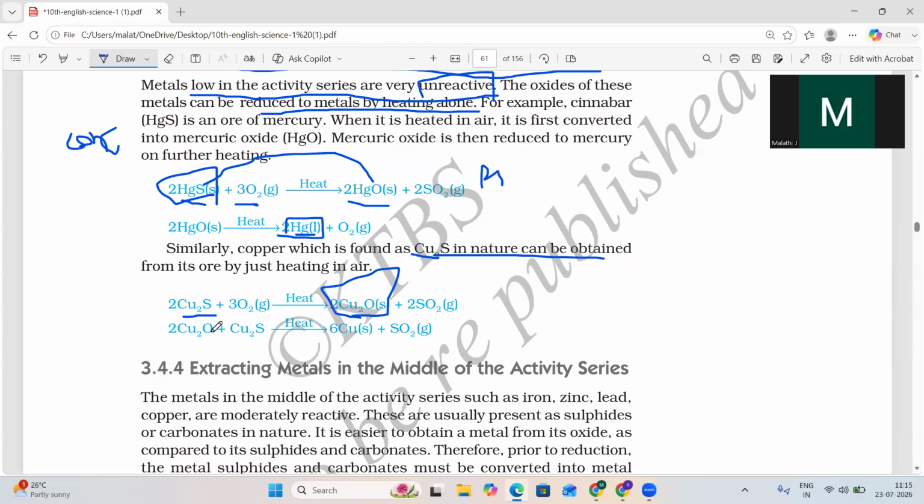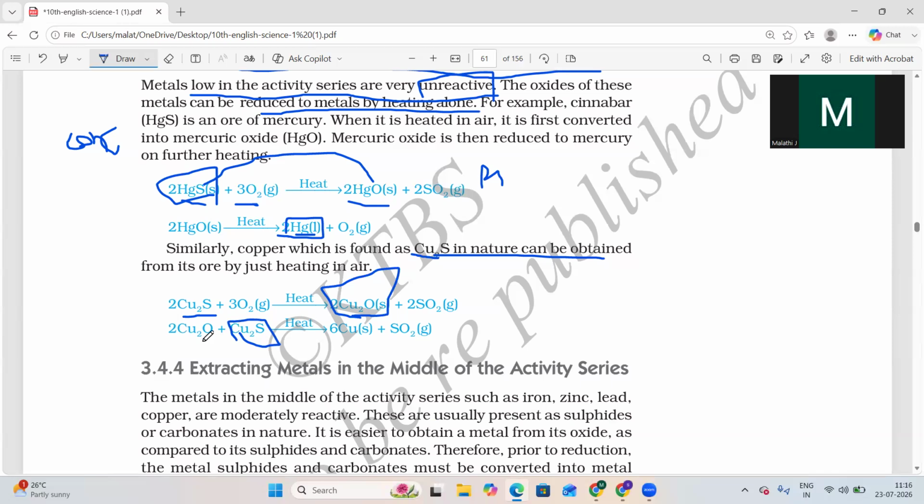So what we are doing here is using copper sulfide to remove the oxygen. What is happening here is, we need to use a reducing agent to remove the oxygen.